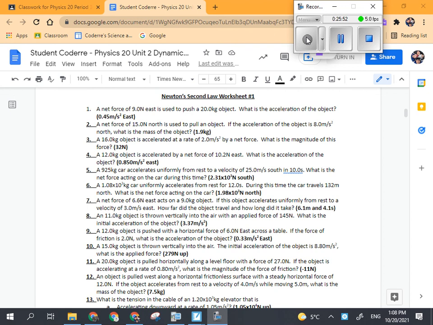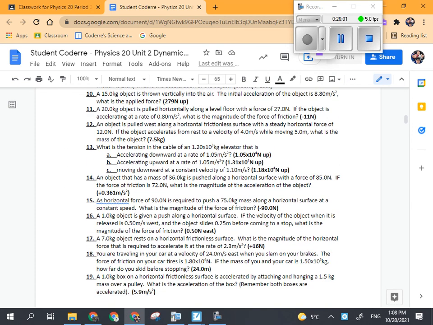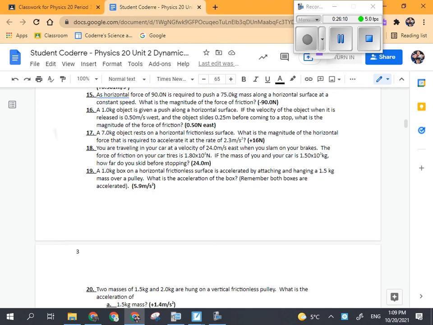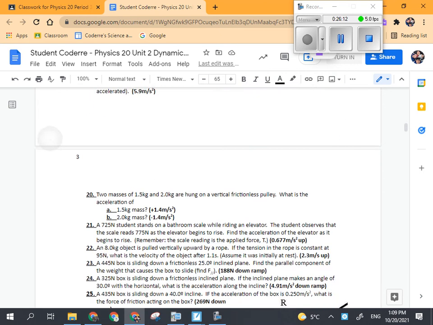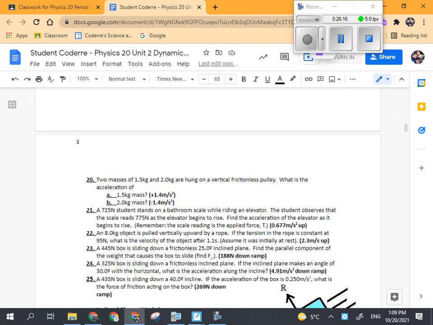You guys should be able to handle 1 through, well, when there's elevator questions on here, you shouldn't have any trouble with anything up to probably 19. After that, we start getting into pulleys, which are systems, and inclined planes, which we haven't talked about yet.